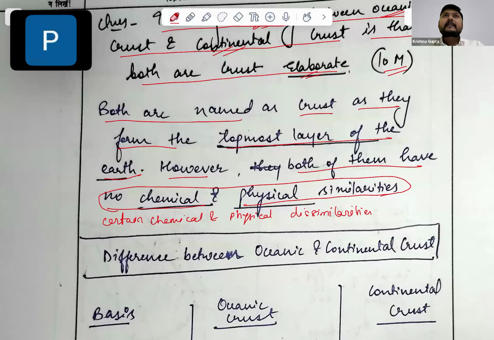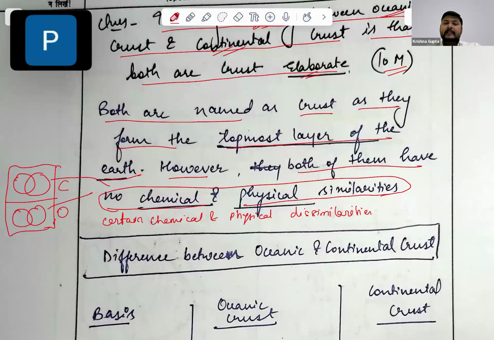So we cannot just accept this statement, which specifies that this is the chemical and physical composition of oceanic crust, and this is the chemical and physical composition of continental crust, which are almost different. So this Venn diagram can explain how it is presented here.